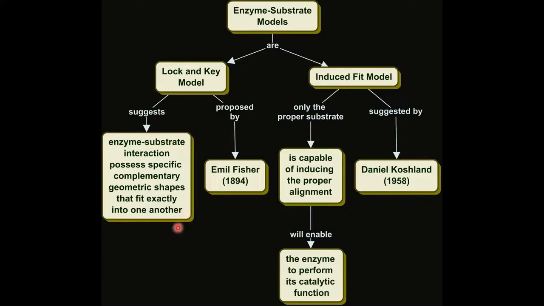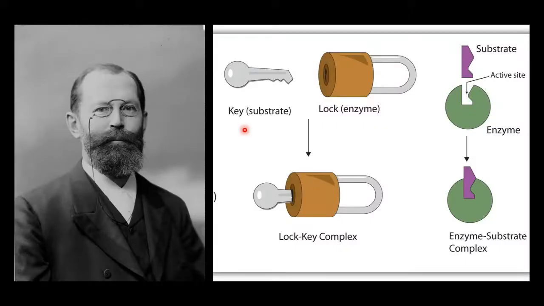And this is how Emil Fischer viewed the lock and key model, that, for example, the enzyme serves as the lock while the substrate serves as the key. That the analogy between the interaction and combination of how a substrate fits into the lock of an enzyme is viewed as the lock and key model.